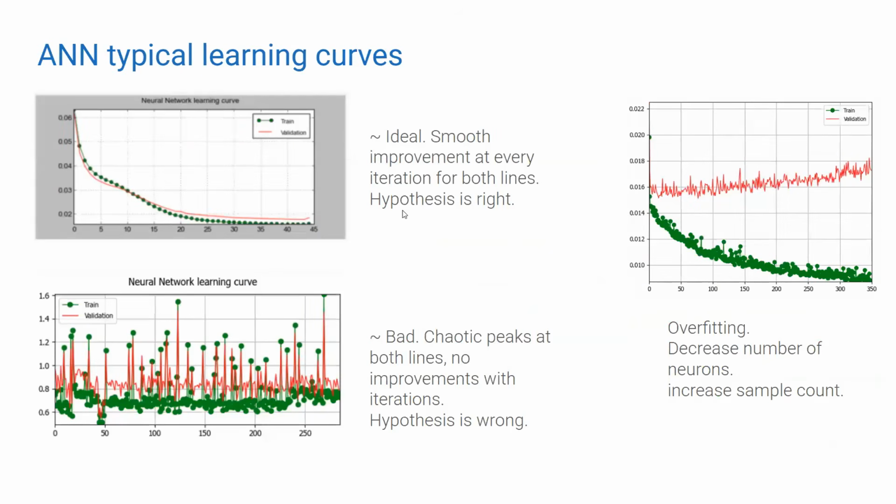Ideal case, if you have ideal hypothesis, you proposed ideal spatial variables, etc., you will see something like this. Smooth improvement at every iteration for both lines, but it's rarely achievable, to be honest. This picture is bad. Chaotic peaks at both lines, no improvements with iterations.